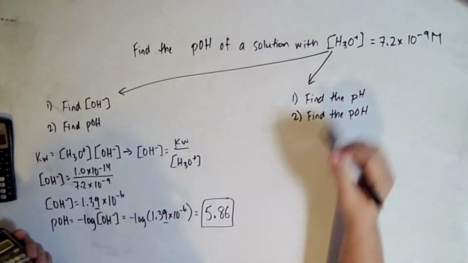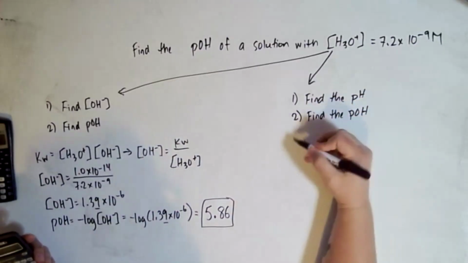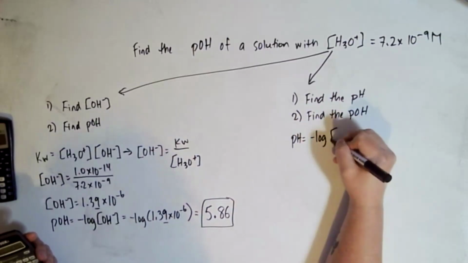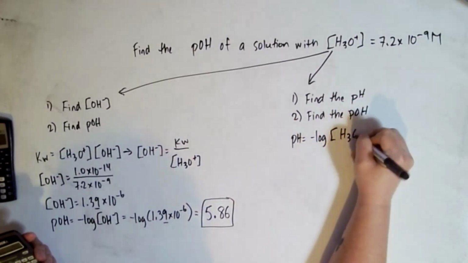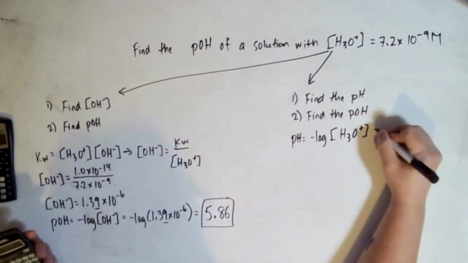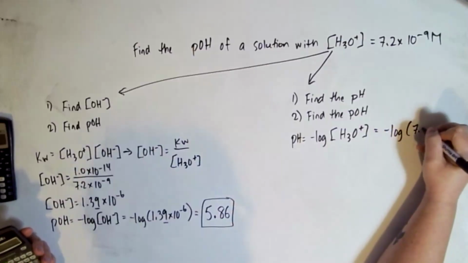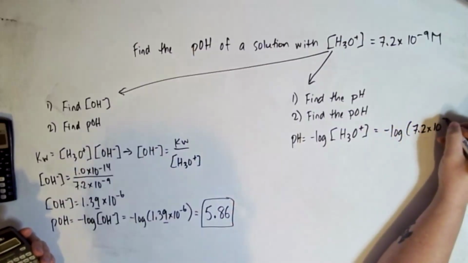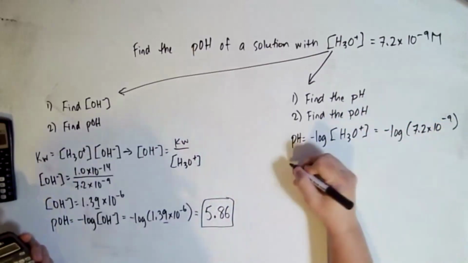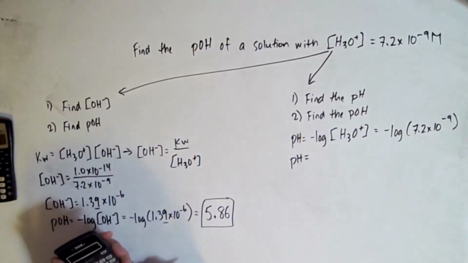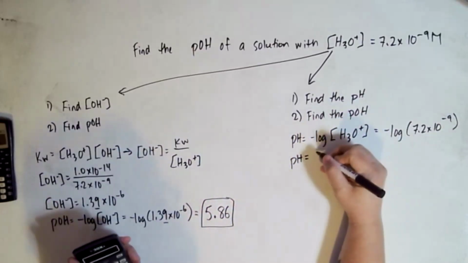For my second method, first I'll find my pH. So my pH is going to be negative log of my H3O+. So it's going to be negative log of 7.2 times 10 to the negative 9. So that's going to be 8.14.